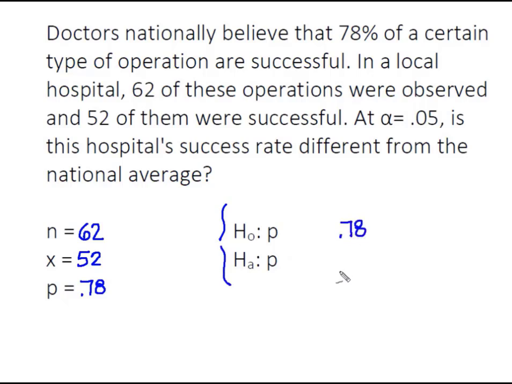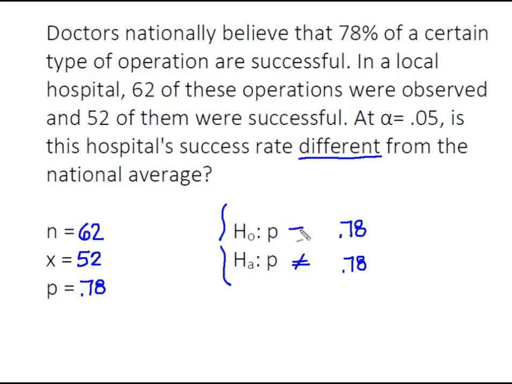So we know that we're dealing with an established value of 78%. So now we need the signs for our null and alternative. All we're told is they're interested in a rate that is different from the national average. When we talk about this idea of a difference, it might be higher, it might be lower, which gives us an alternative hypothesis of not equal to.